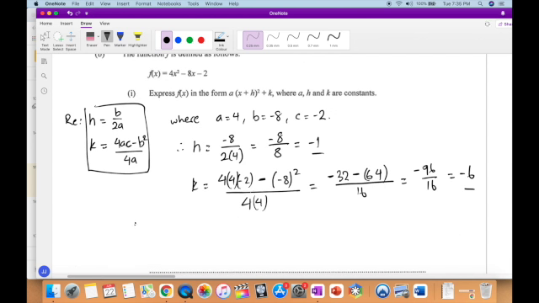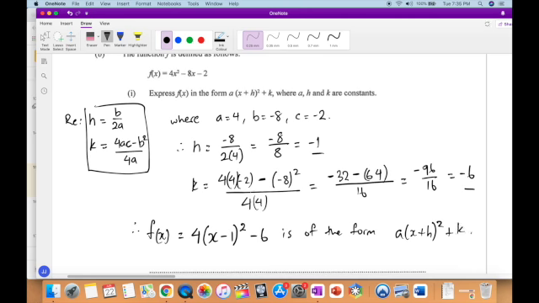So therefore, f of x is equal to a, which is 4, open brackets, x plus h, so that is x minus 1, close brackets, all squared, plus k, which is -6, is of the form a(x plus h) squared plus k.